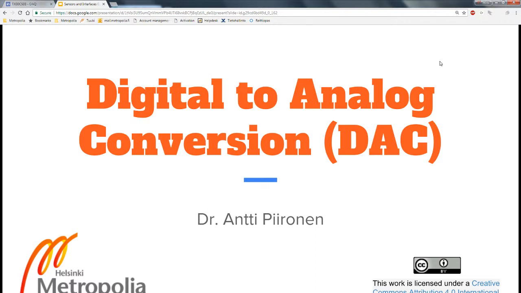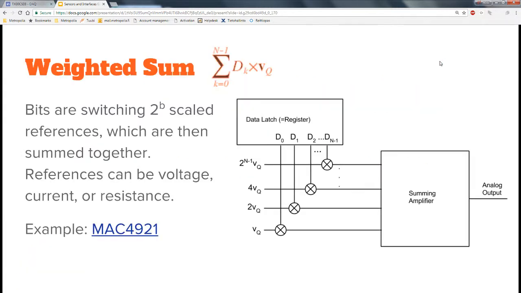I already told you how easy it is to make the digital to analog conversion. For example, PSOC has a digital to analog converter by itself. Most of these high precision digital to analog converters are basically a weighted kind of device.